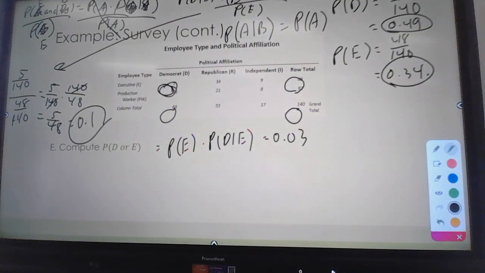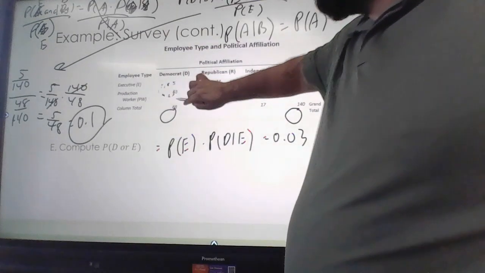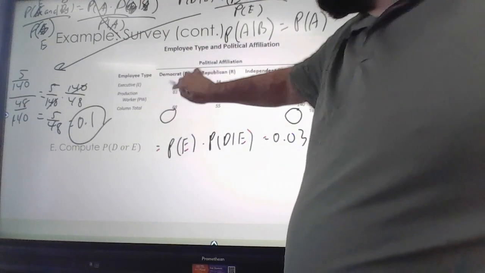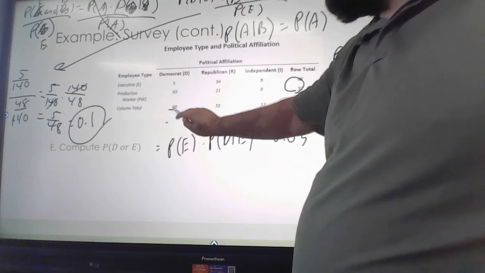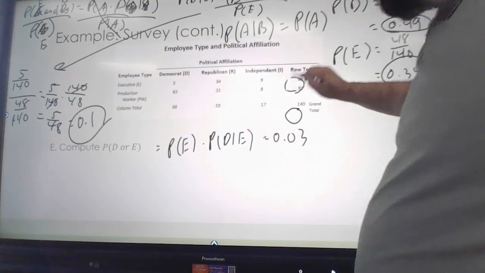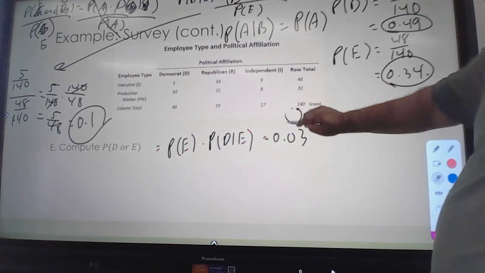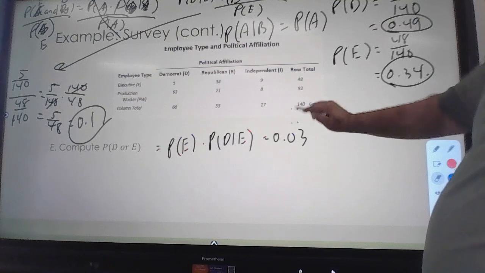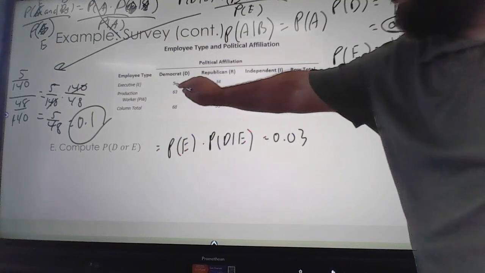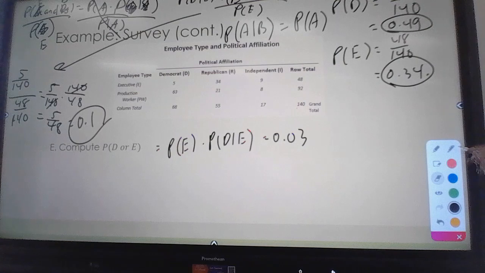What about computing the probability of D or E? Well, D or E, if you recall, is a case where we have to consider whether or not those events are mutually exclusive. So can somebody on this table be a Democrat and an executive at the same time? The answer for that is yes. That's what this is for right here.